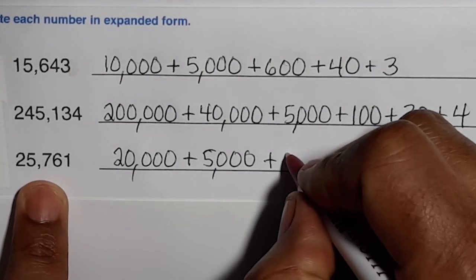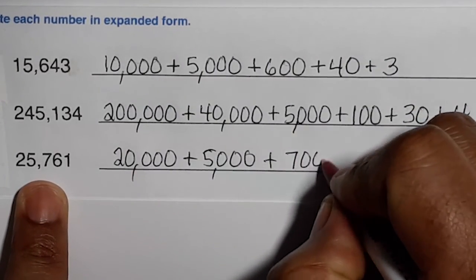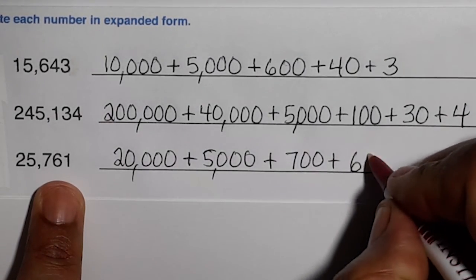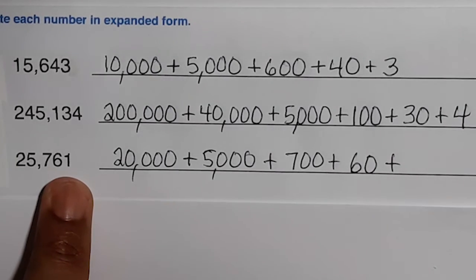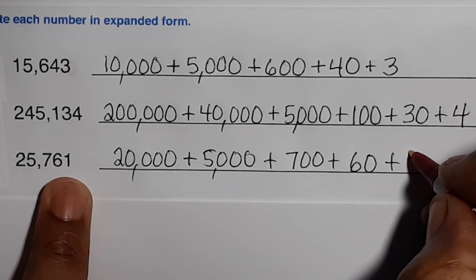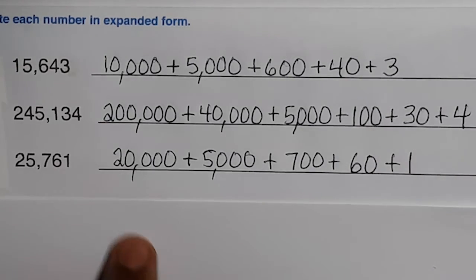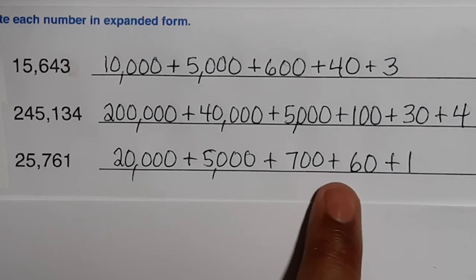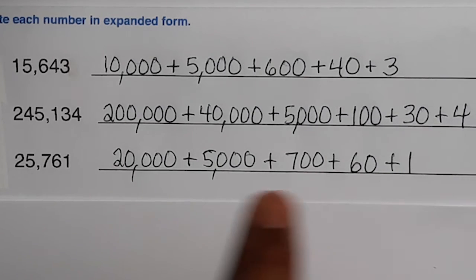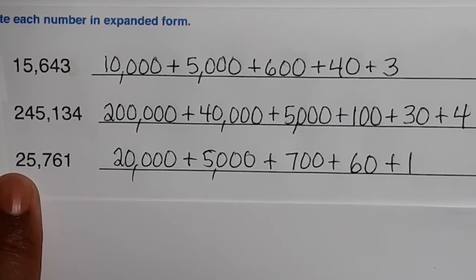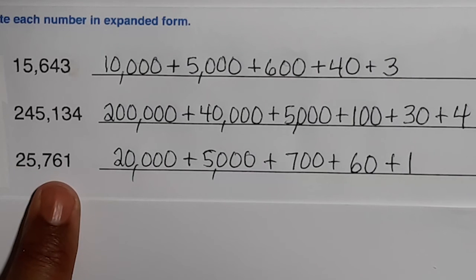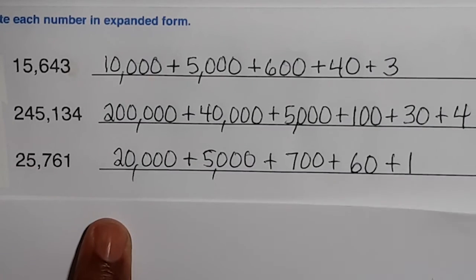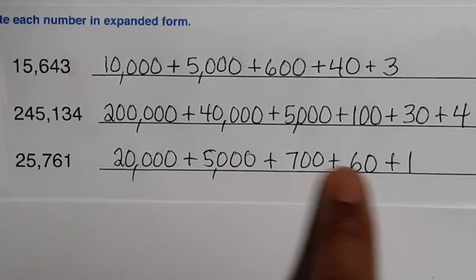We would write 700 plus the 6 is in the tens place. We would write 60 plus the 1, which is in the ones position. We would write 1. So our answer would be 20,000 plus 5,000 plus 700 plus 60 plus 1. And that would give you that total value, 25,761. And this is standard form. And this is expanded form.